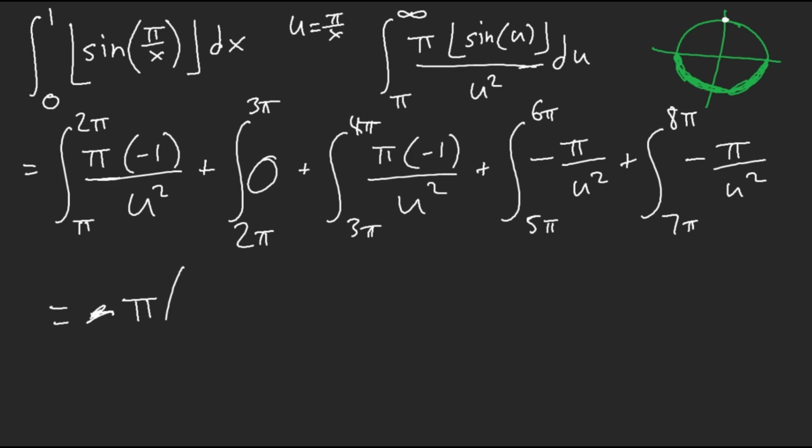So we have pi, and then 1 over u, we get 1 over 2 pi minus 1 over pi, when we plug in.